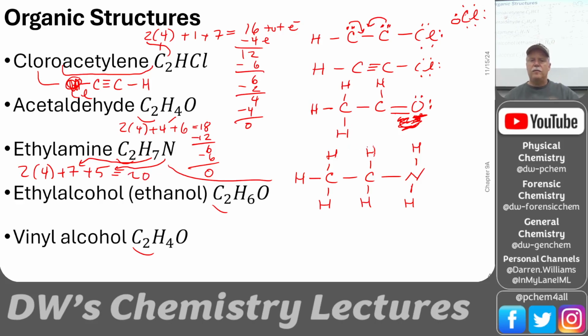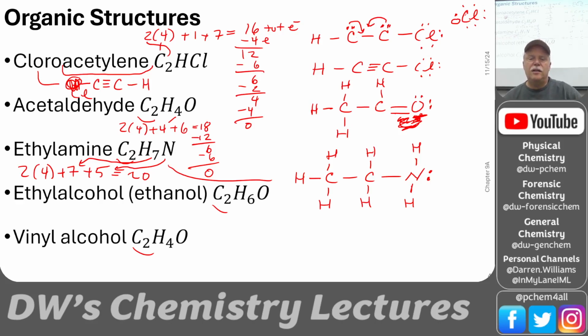So let's add them up. All the bonds count for 2. So 2, 4, 6, 8, 10, 12, 14, 16, 18. So I've got 2 more left, and that's going to be the lone pair on the nitrogen. So there's our 20 electrons. So that would be ethylamine.